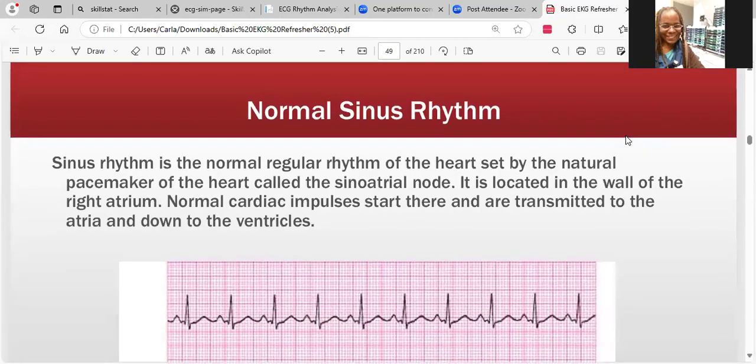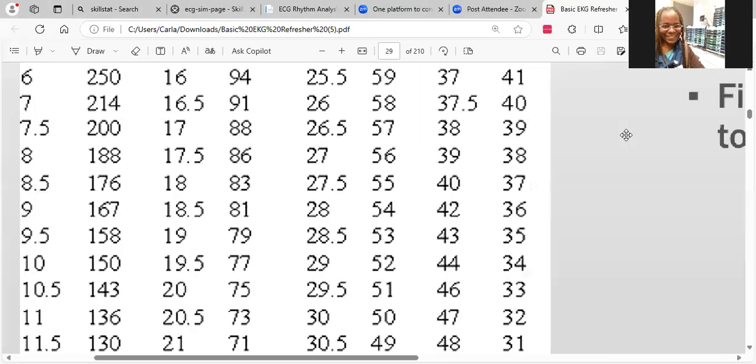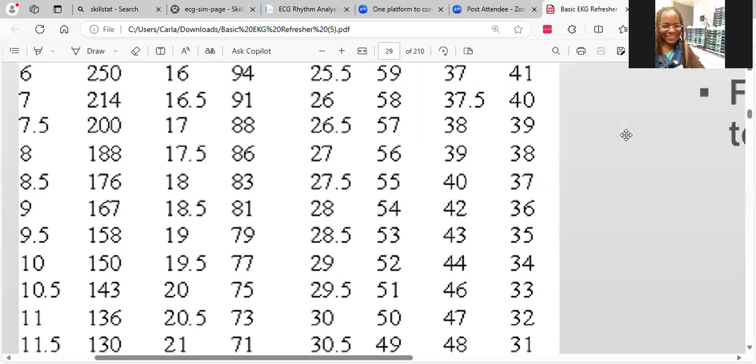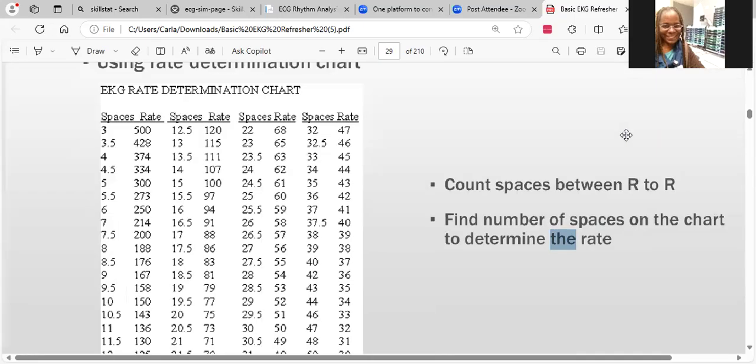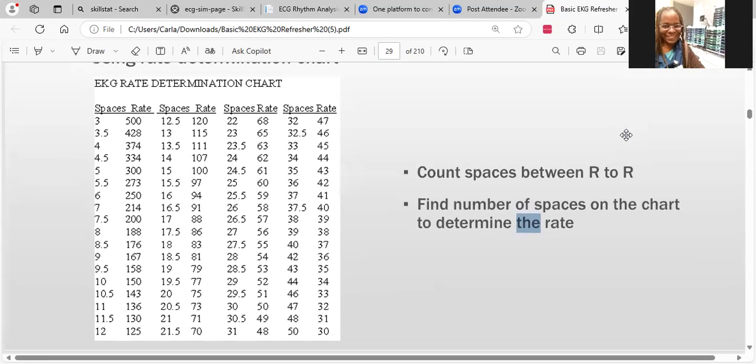And if we're remembering what our 19 boxes look like, I'll flip right to the chart so we can take a look at what our heart rate is for this one. So based on our 19 boxes in between, we have 79 beats per minute. 79 is well within the 60 to 100 beats per minute for our rhythm.